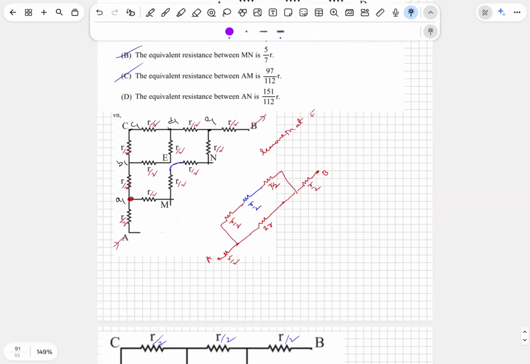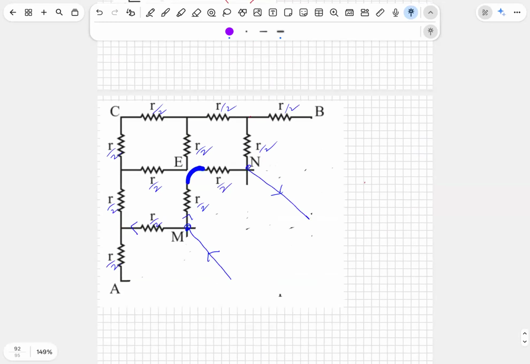So finally, boys and girls, you please tell me now, M, N, clearly R. Now please, R by 2.